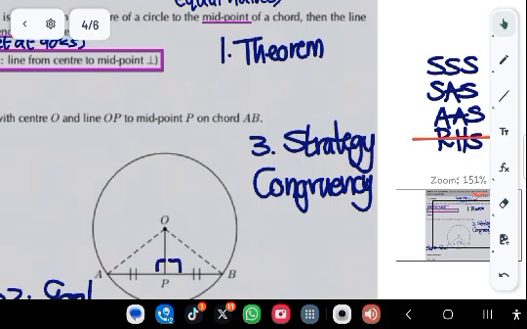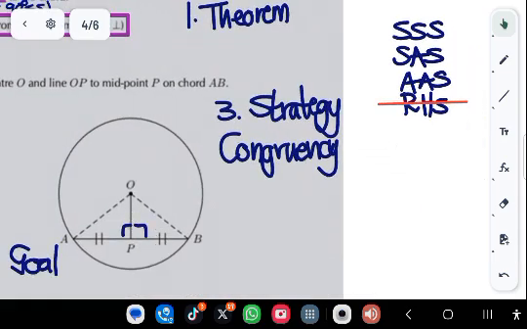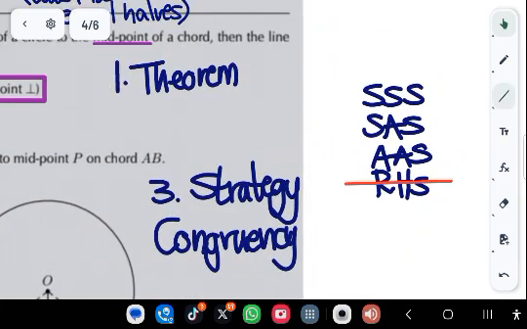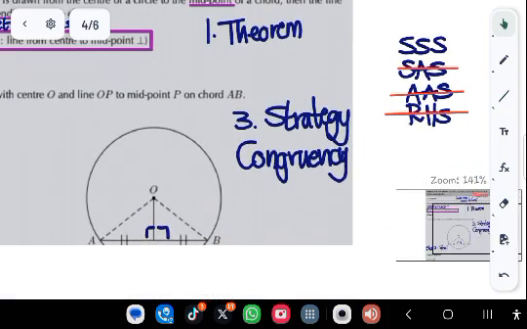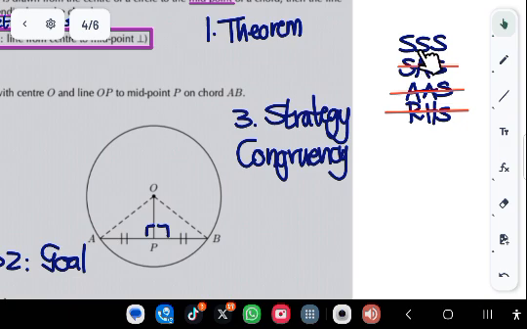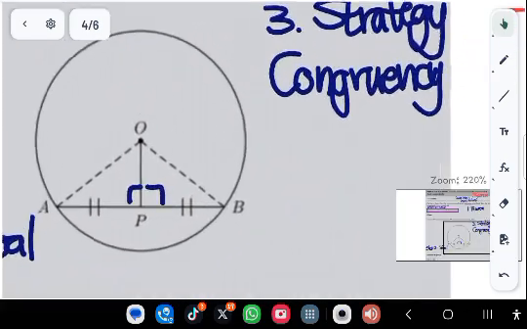For now, we don't have any equal angles given to us, so any of these that has an angle will have to be eliminated. The best reason for congruency for this one would be side, side, side. So let's go for it.